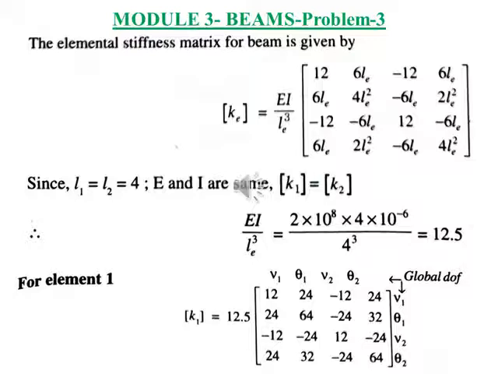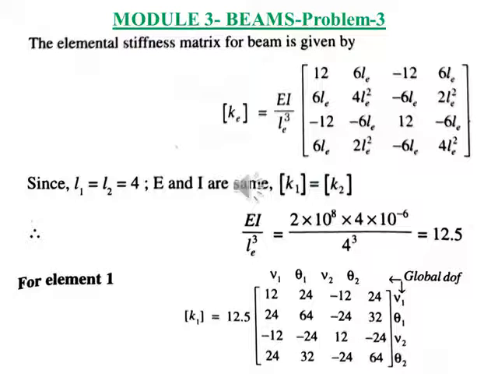So for element 1, the elemental stiffness matrix we will get as 12.5 into 12, 24, minus 12, 24; 24, 64, minus 24, 32; minus 12, minus 24, 12, minus 24; 24, 32, minus 24, 64. So K1 will be equal to K2. Now we have to observe that the values of mu2 and theta 2 will be repeated in the stiffness matrix K2.